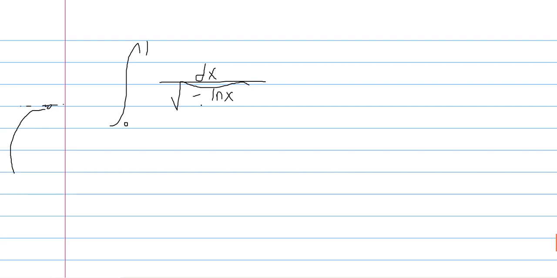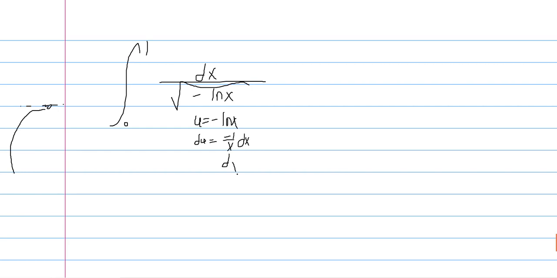So probably the best idea would be to consider the substitution of u equaling negative natural log of x. So then du is equal to negative 1 over x dx.